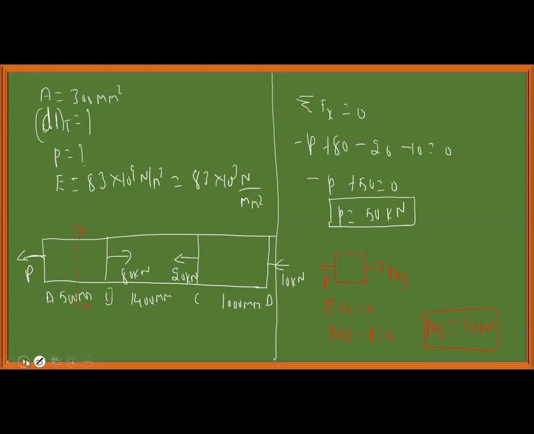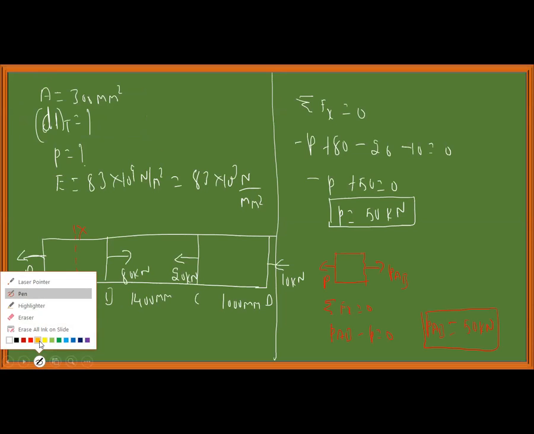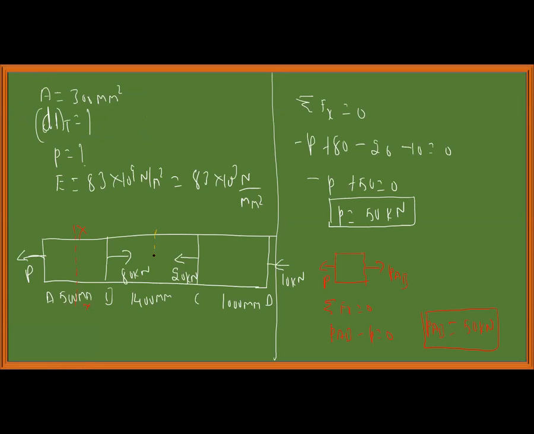I will take a section XX here. 80 kilonewton, acting like this. A, B, and I'll get away from this P BC.